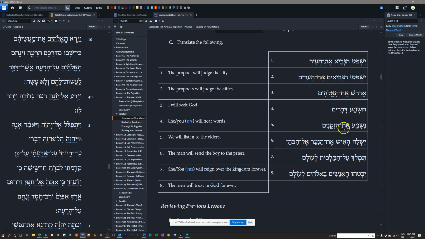We can see that our next word has the et particle, which means this is marking a definite direct object. So we have no subject here. We will hear what or whom? We will hear et hazekenim. Et hazekenim is the elders. We will hear the elders, or we will listen to the elders.